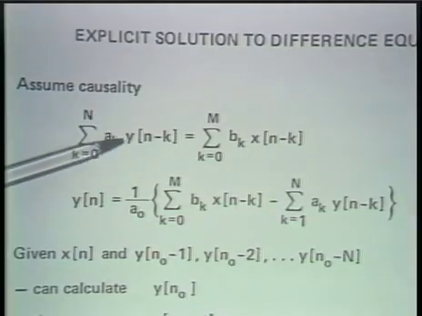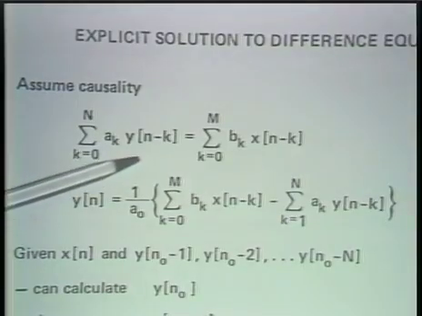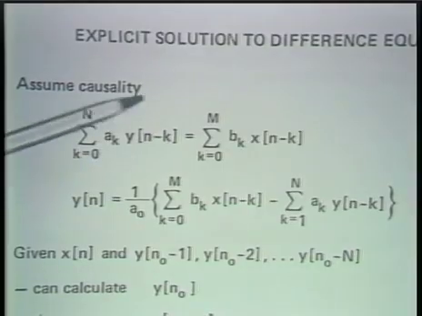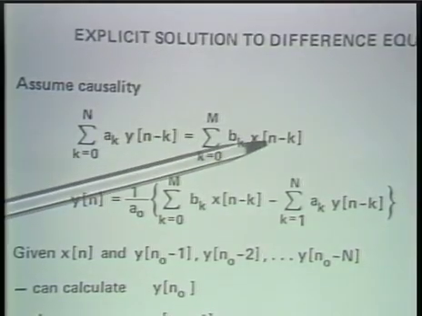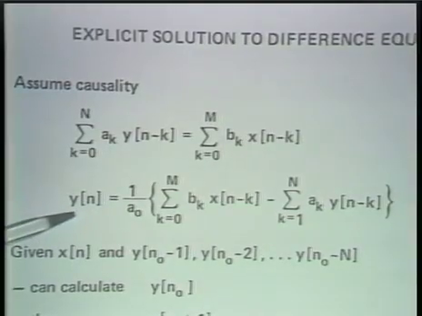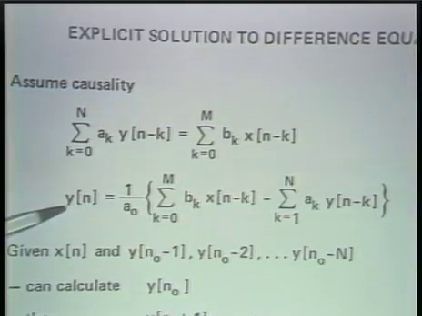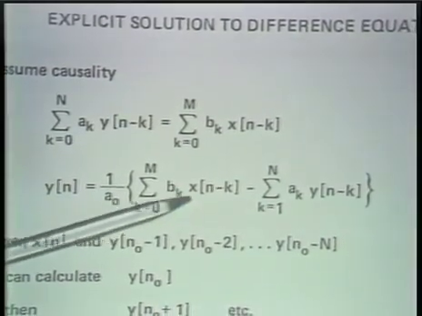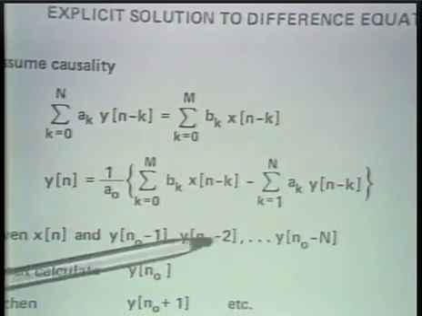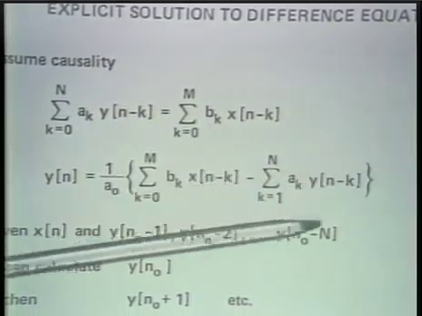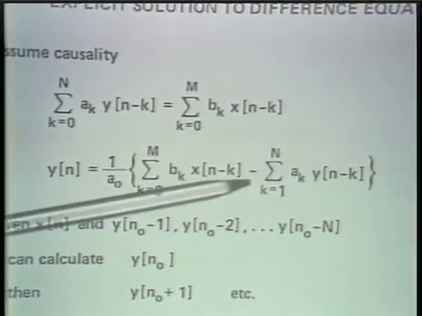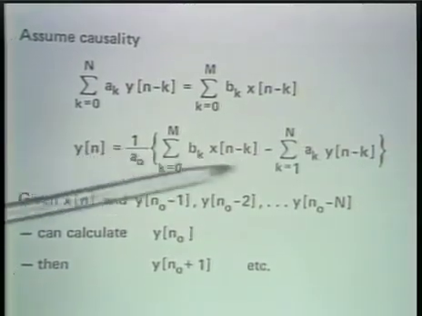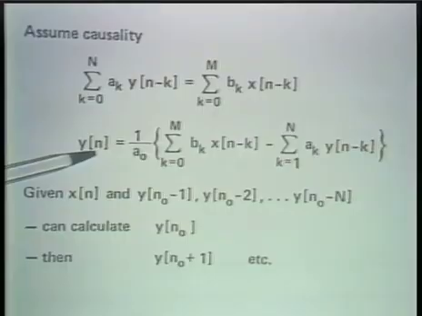Well, we can simply rearrange this equation solving for y of n, the leading term with k equals 0, taking all of the other terms over to the right side of the equation, and we then have a recursive equation, namely an equation that expresses the output in terms of prior values of the input, which is this term, and prior values of the output. And so if in fact we have this equation running, then once it's started, we know how to compute the output for the next time instant.